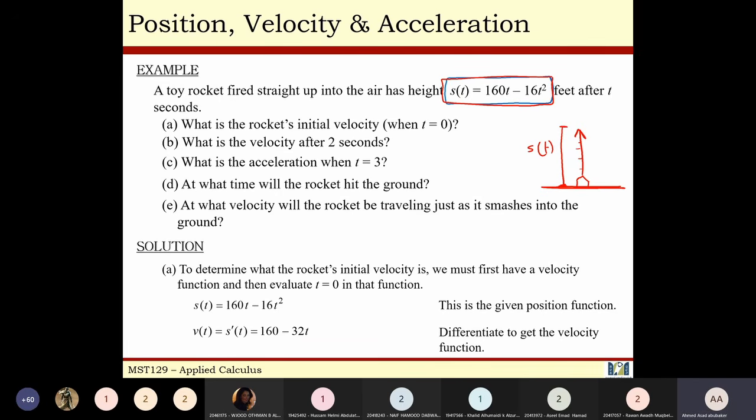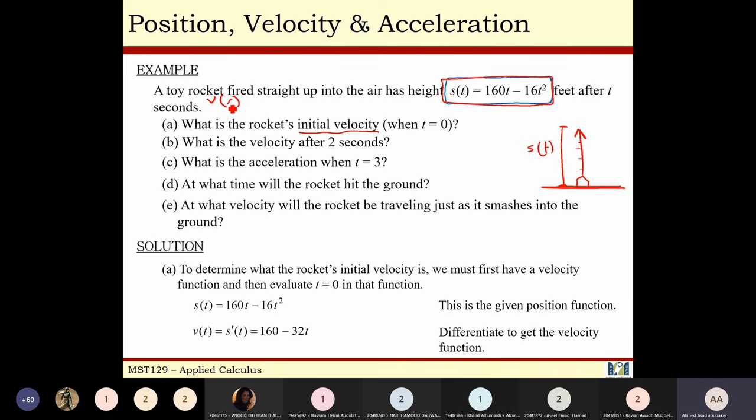Now we need to find the initial velocity. Initial velocity means to find v at time 0, because the initial time equals 0.